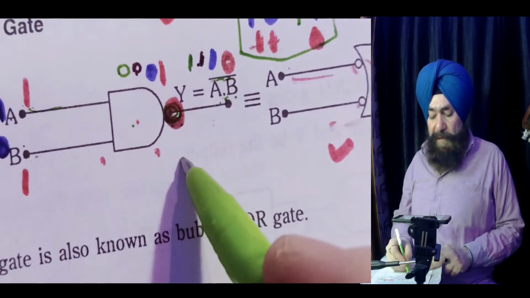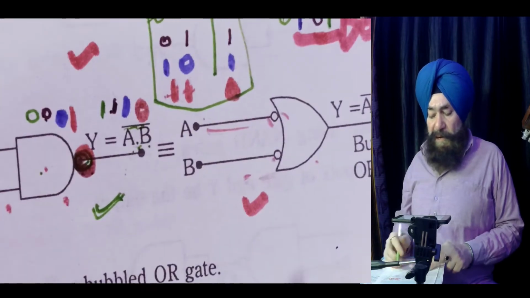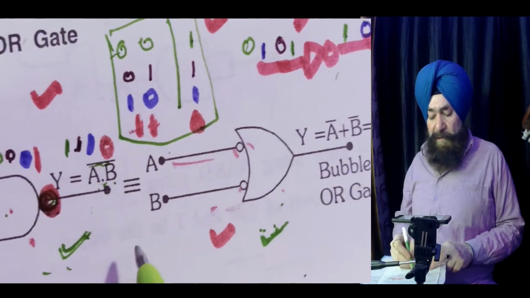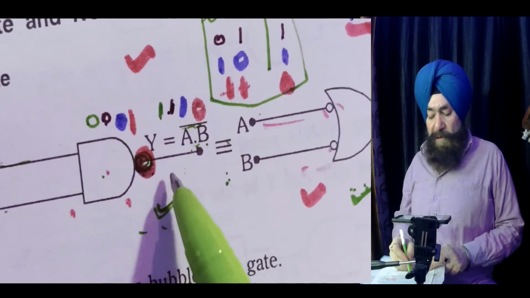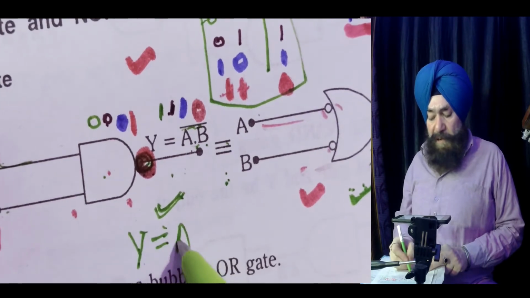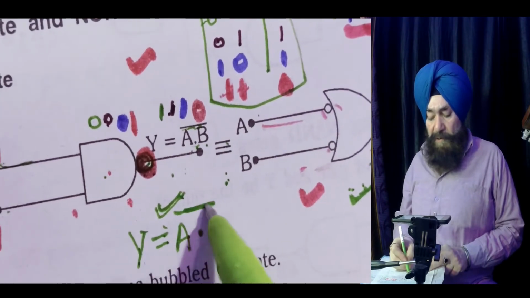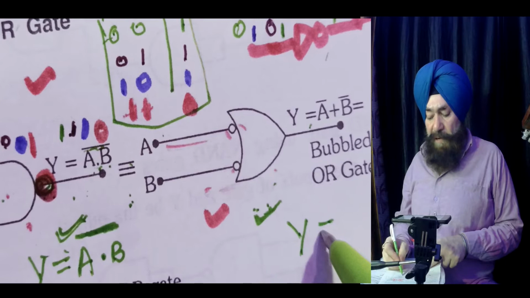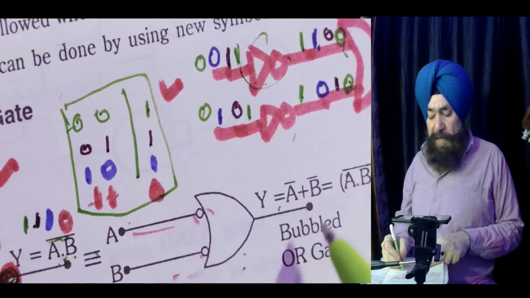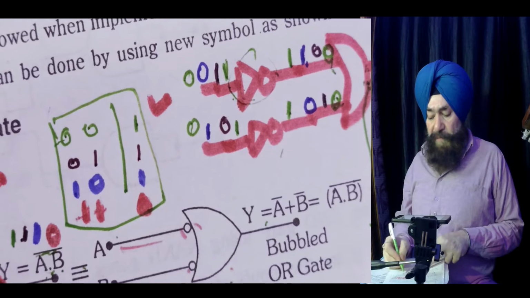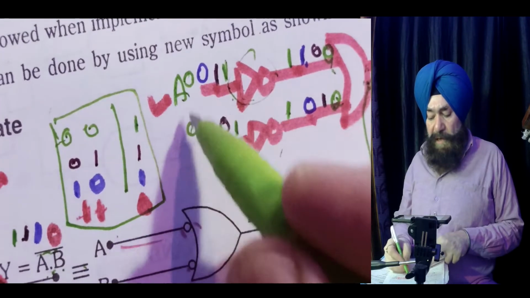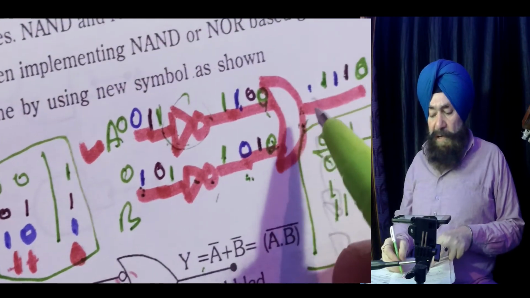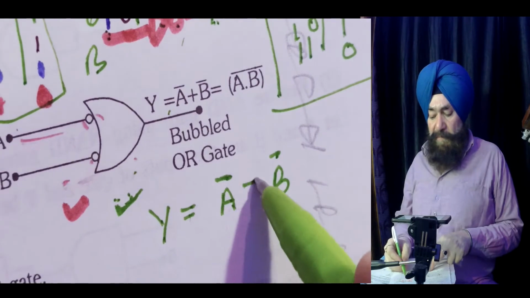That means the NAND gate and the bubbled OR gate are the same. Both are equivalent. This Boolean expression is Y equals A and B, then bar, meaning NOT, NAND. This is Y equals, first of all, this is a NOT gate, this is A bar, this is B, this is NOT, that becomes B bar, and then there is an OR operation.